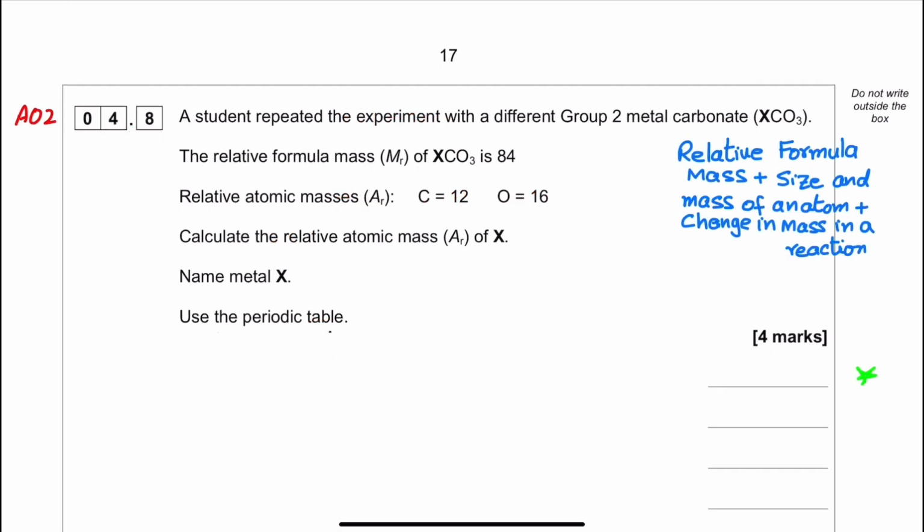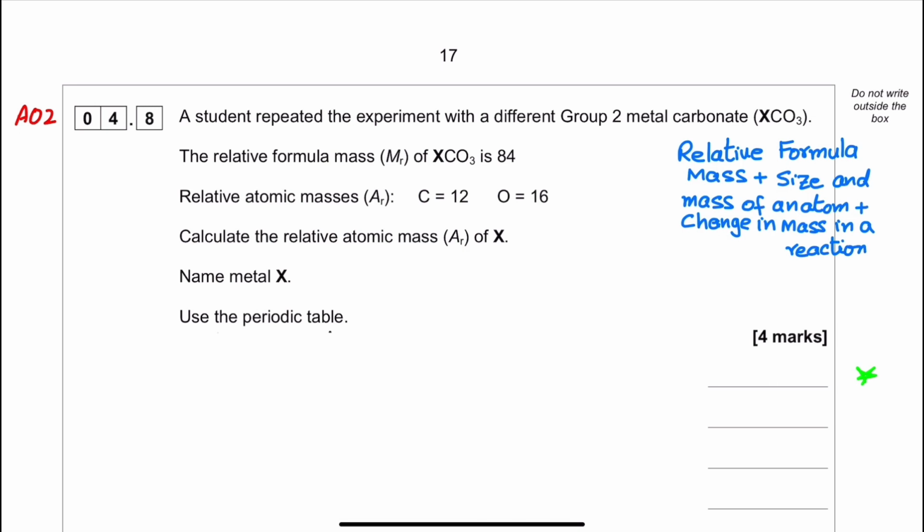4.8. It is an AO2 question which is from the relative formula mass, size and the mass of an atom, change in the mass in a reaction. First we will read the question. A student repeated the experiment with a different group 2 metal carbonate XCO3.